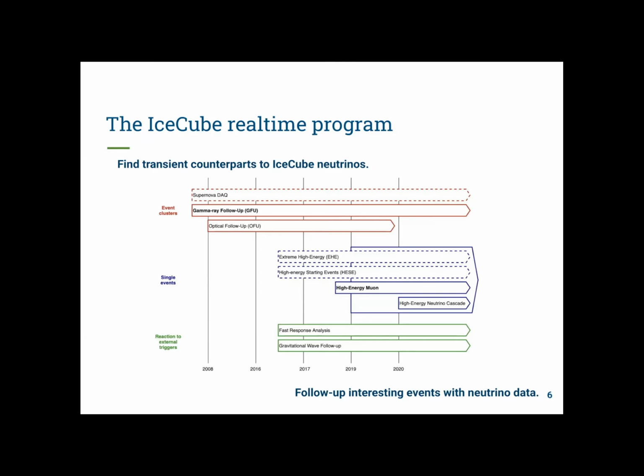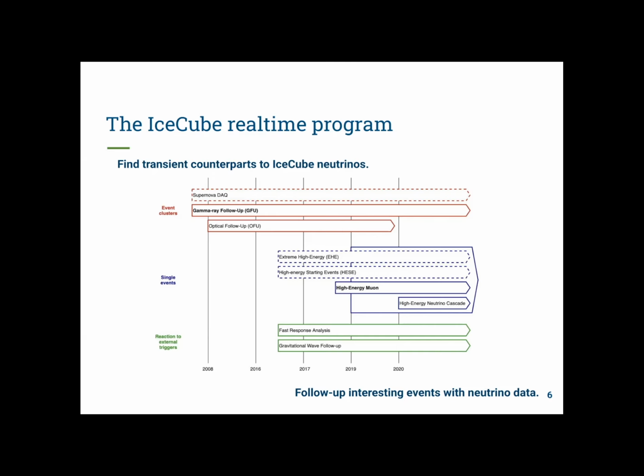But since a few years, we also have a public neutrino alert program, where we release mostly tracks, but also cascades, that on an individual basis have a moderate to high probability of being astrophysical, and they're worth electromagnetic and multi-messenger follow-ups.